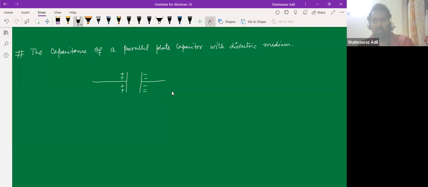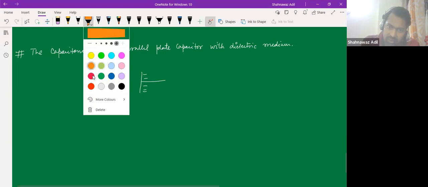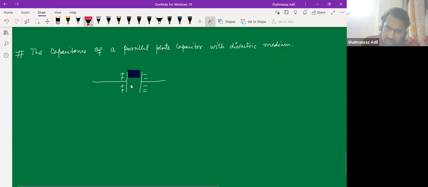Now what I am doing is putting a dielectric slab in between the plates. Is this partially filled or fully filled?